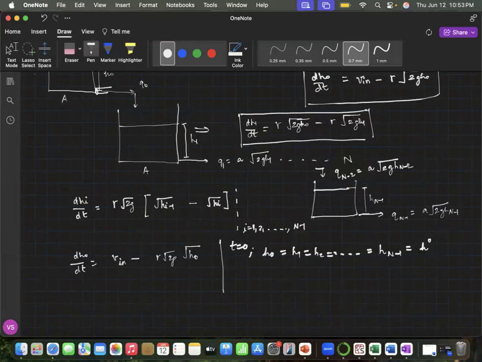Now, the interesting thing about this problem is that it has multiple ordinary differential equations and all of them are coupled, right? So if we go on to solve this set of ordinary differential equations analytically, it's going to be very challenging to solve, right?